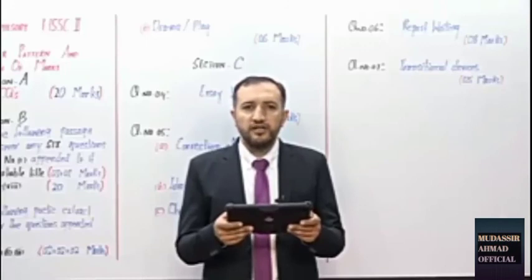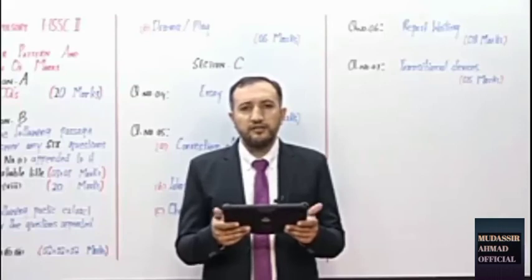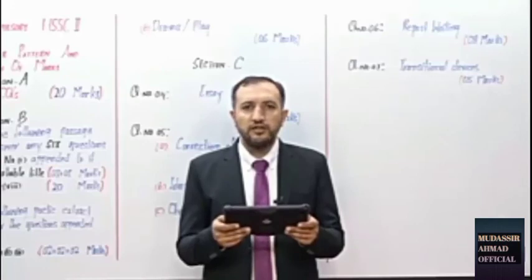Dear students, question number 7 is about transitional devices. It is a change in this new board pattern, and transitional devices play a very pivotal, vital role in writing any script.